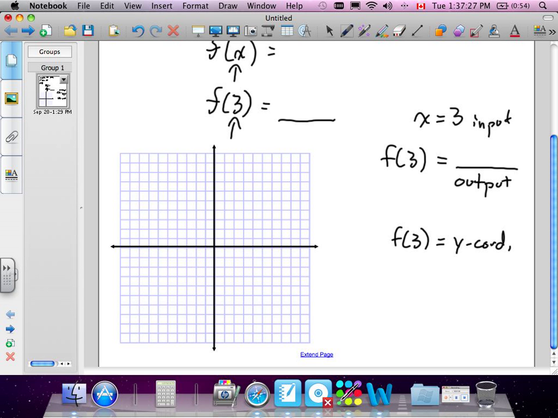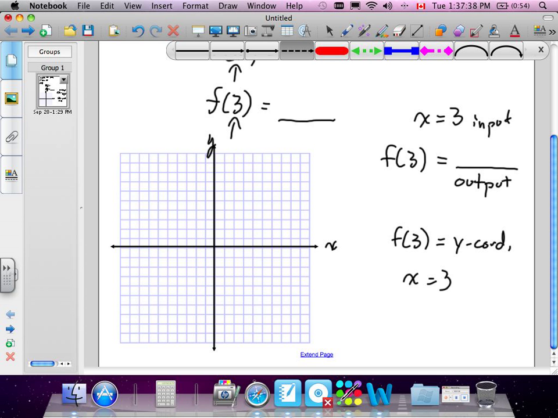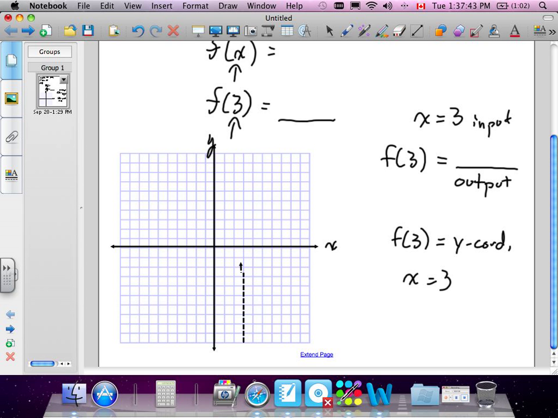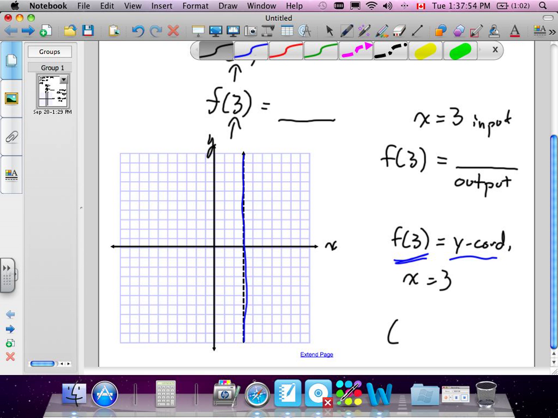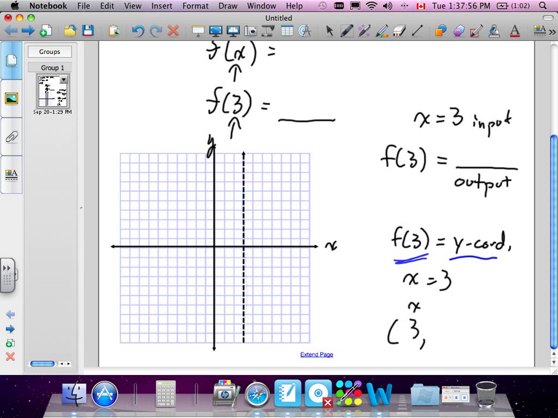So wherever on the y-axis, that's going to be our y-coordinate for when x is equal to 3. Somewhere along the line of the number 3, here's our 3, somewhere along this line here, we have a number, and f at 3 is going to represent that coordinate. So our point is going to be 3 as our x, and we're looking for y. Y will be whatever f at 3 is.